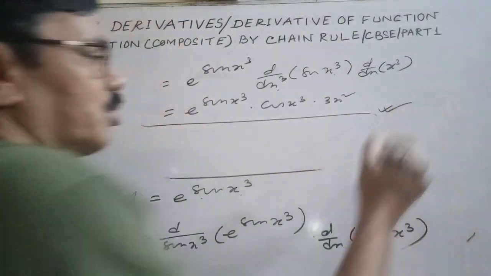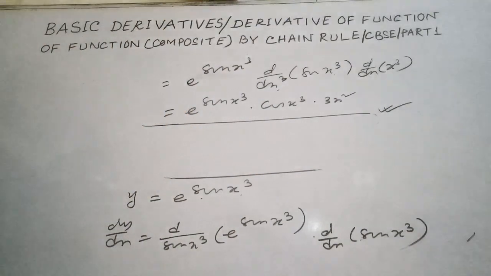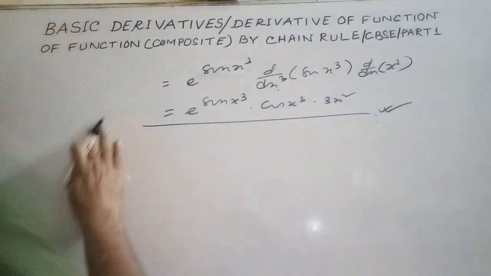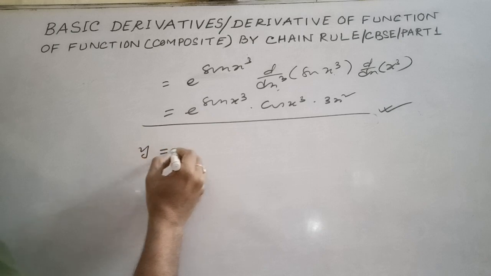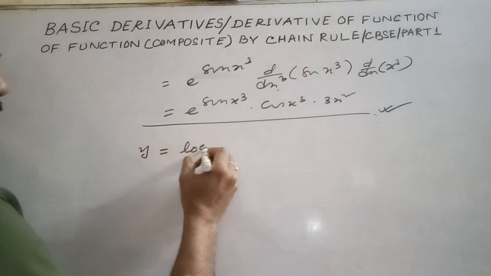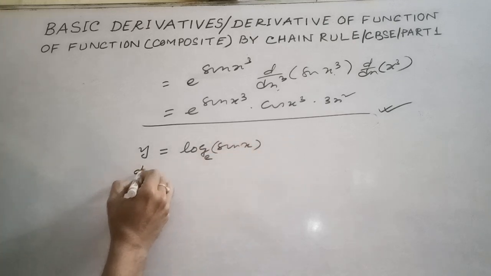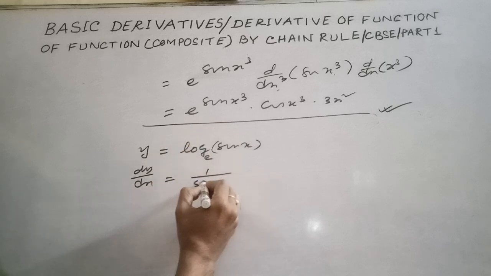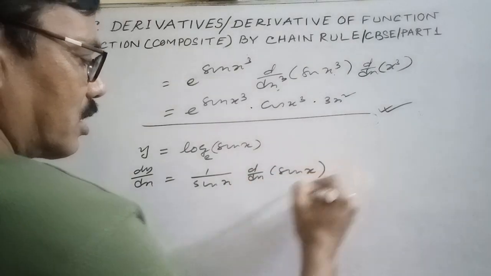It is also the chain rule without putting any transformation. But it will be simple if we use the shortcut rule. So we always try to find the derivative using the shortcut rule. Try to recall, if it is log sine x, by the shortcut rule, the main function is log, derivative is 1 by sine x into d/dx of sine x.